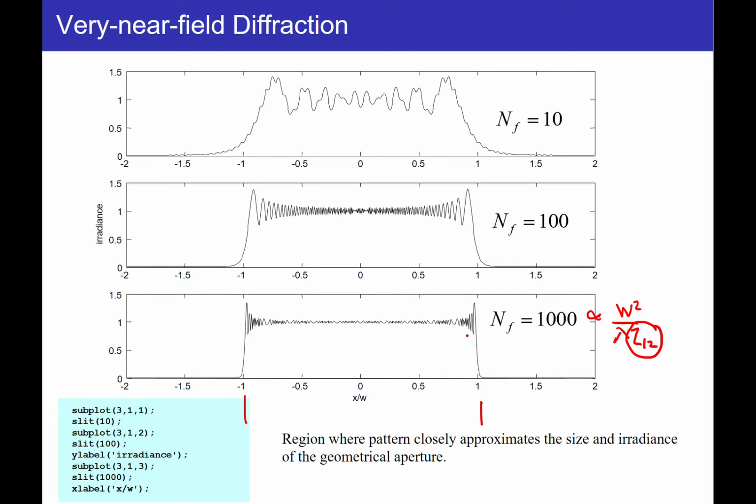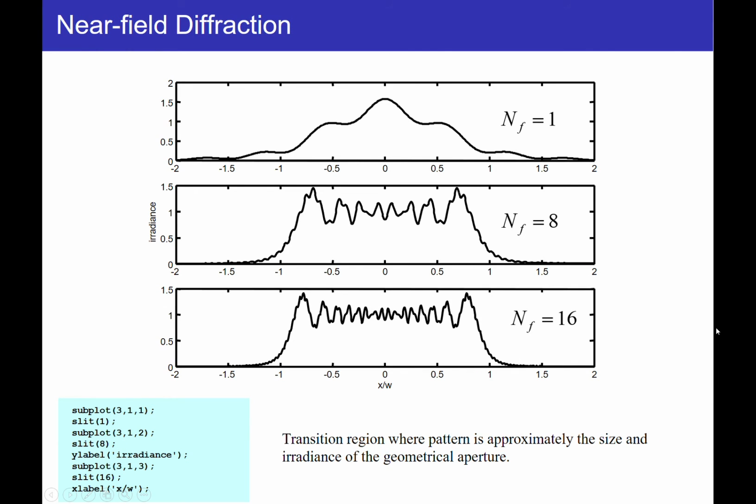Okay, slit itself. And then as z increases and nf gets smaller and smaller, we get these Fresnel diffractions. And if we reach nf equal to 1, then we are getting into far field.